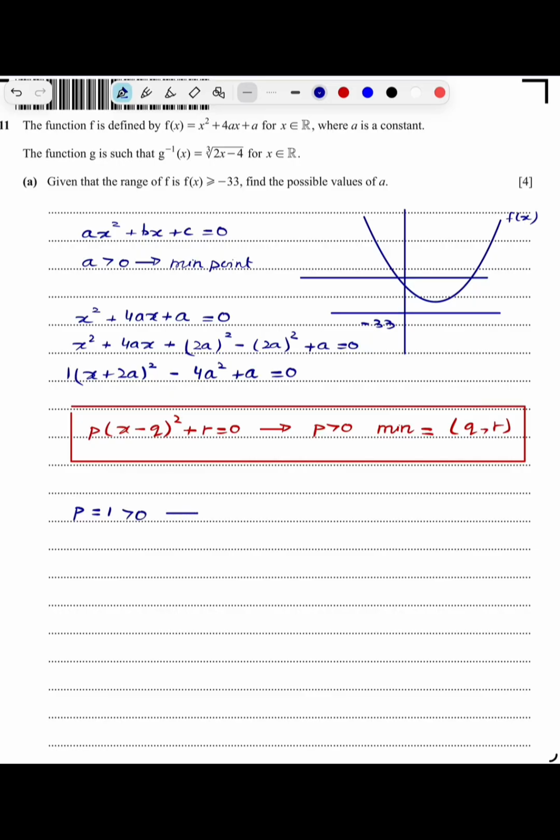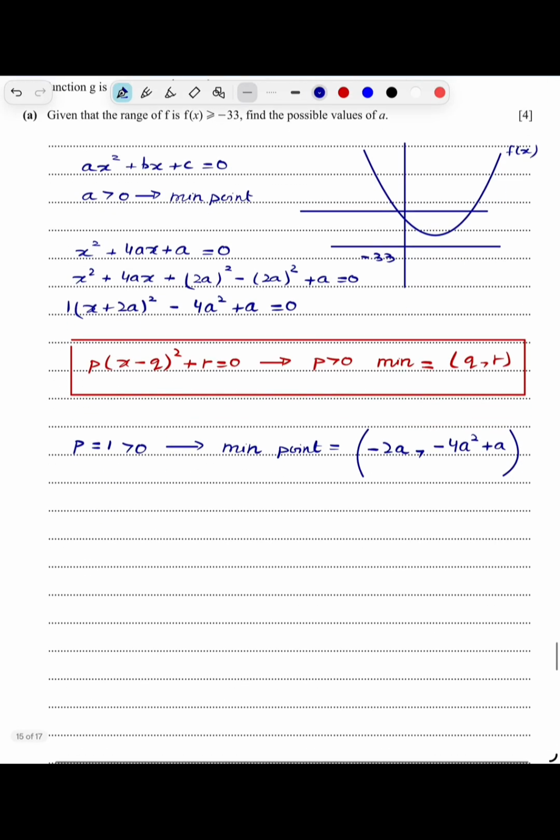So we have a minimum point, and the coordinates of this minimum point are (-2a, a - 4a² + a). The y coordinate has to be equal to or greater than a - 33.